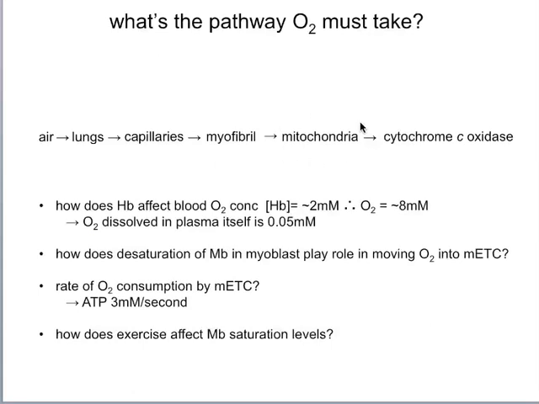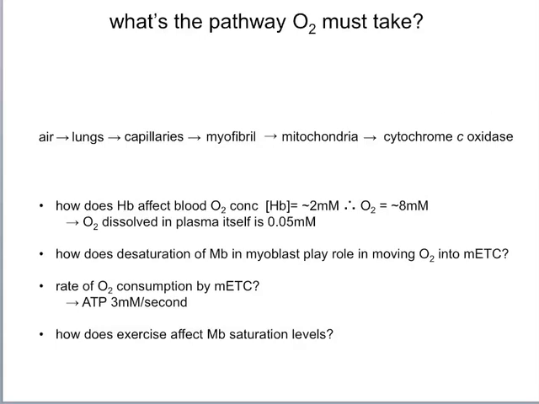The myoglobin has to give the oxygen up to the mitochondria, remembering that the point of oxygen consumption is delivery of the oxygen to the mitochondria for energy production. Oxygen is the ultimate electron acceptor in mitochondrial electron transport, and we're not going to go deeper into that, but just to say that the end point here is the binding of oxygen by cytochrome C oxidase, and electrons are accepted from electron donors.